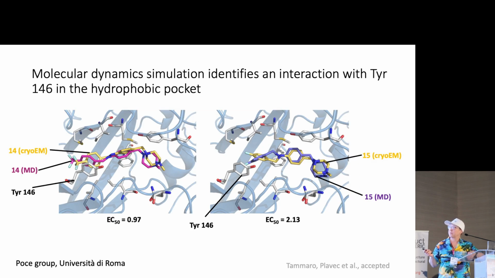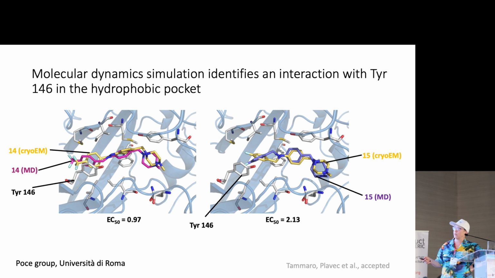So then, if we just compare 2 of these compounds, we have the EC50 down here, so 0.97 and 2.13. The project group then did some molecular dynamics on these, and you can see the comparison between, in yellow, the cryo-EM positioning of the molecule, and the MD simulation in pink.